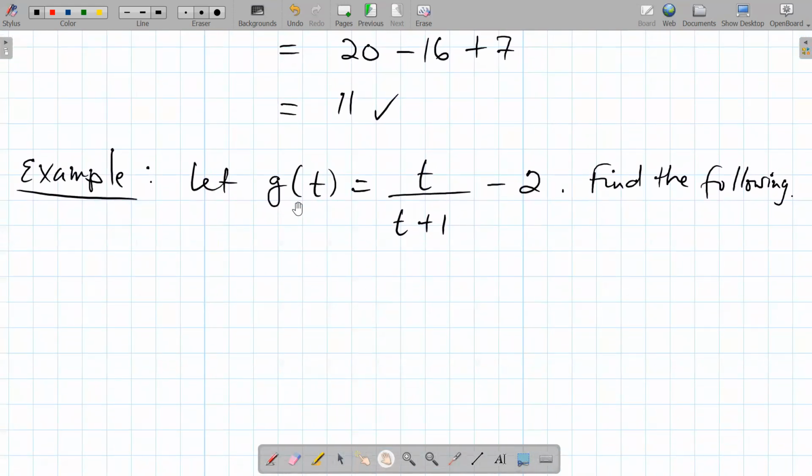But this notation here is g, so g is a function of t, where t here is the input, and everything here is the output. So the output is t over t plus 1 minus 2. That's the output. And anytime I plug in something here, that has to reflect here and there for me to be able to evaluate.